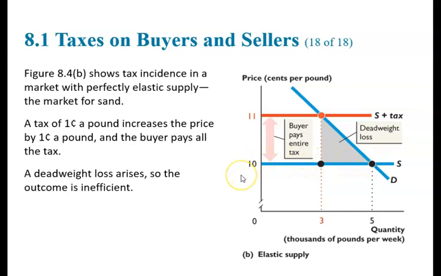When that is the case and a tax on the seller is imposed, you will see that the supply curve will move up by the amount of the tax, and in this scenario all of the burden of the tax will be passed on to the buyer.